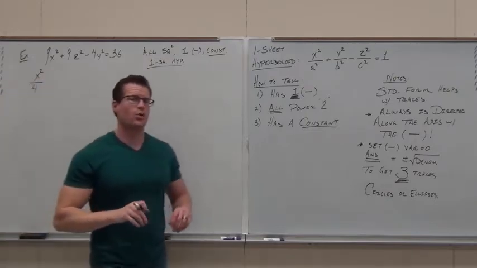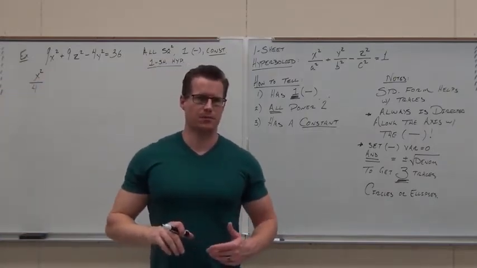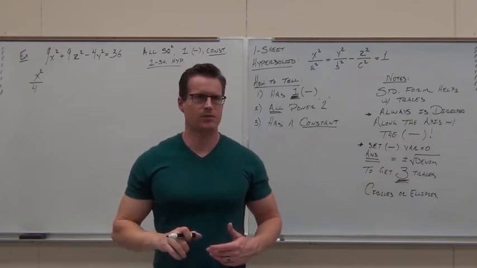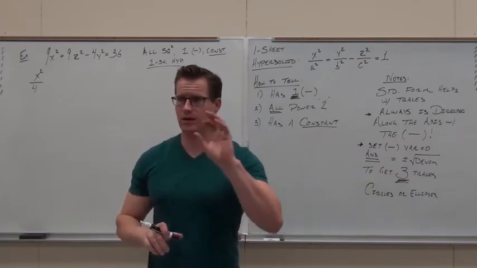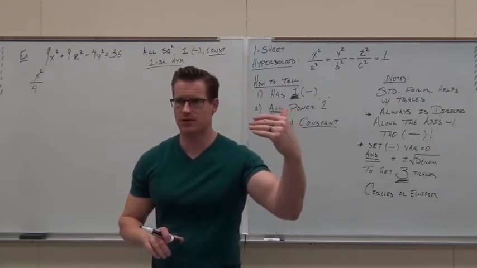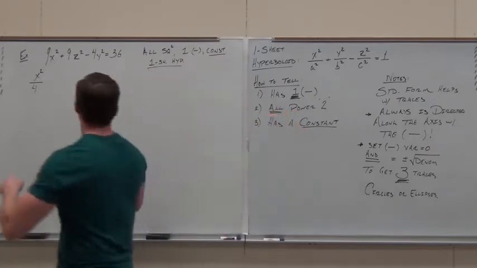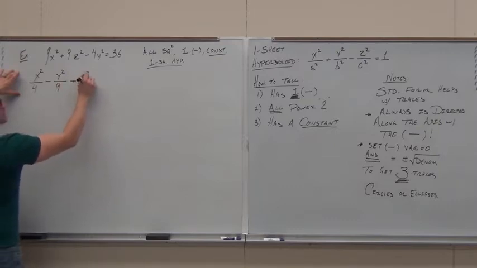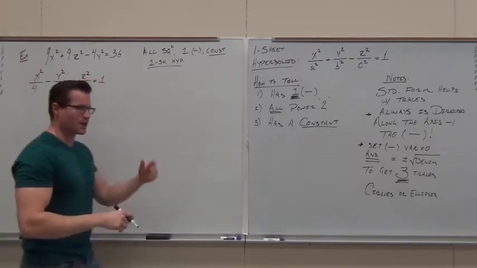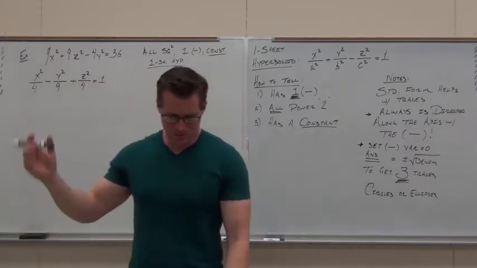Yeah, I also want the variables in order: x squared, then y squared, then z squared, and then the constant. It's going to help you. So what's the next thing? Minus y squared over 9, and plus z squared over 4, equals 4. Beautiful. That's exactly right. That's the first step. You're halfway there, practically.